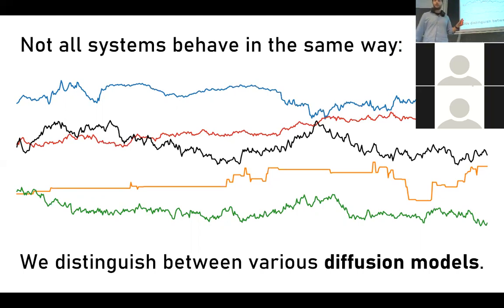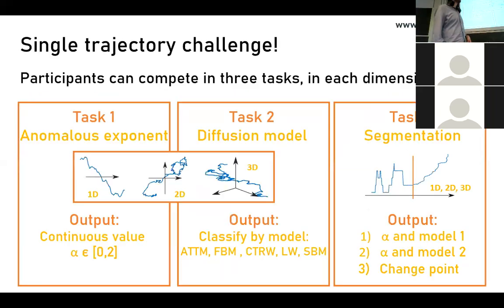Just last year, there was a challenge named the Anomalous Diffusion Challenge, called the Andi Challenge. You can have a look if you are interested. It's essentially a data analysis contest. They have trajectories and the tasks are: find the anomalous diffusion exponent of a trajectory, this alpha I am talking about, whether it's subdiffusive or superdiffusive; find the underlying anomalous diffusion model, such as scaled Brownian motion, Levy walk, and continuous time random walk that I told you about in this class, there are two other models; and make a segmentation.